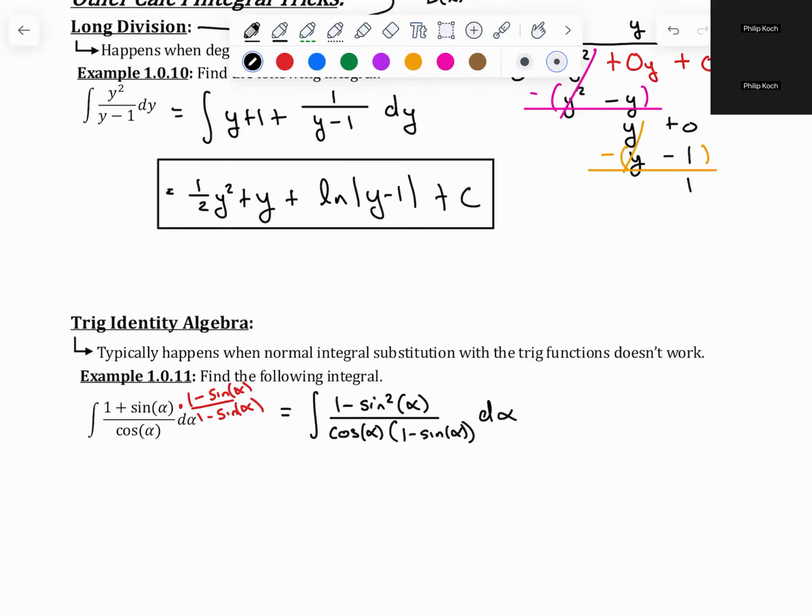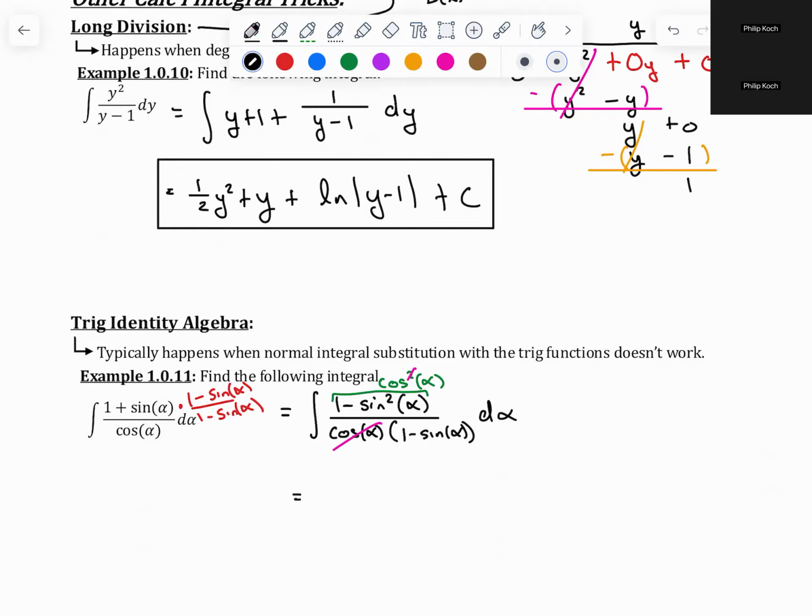And 1 minus sine squared alpha is cosine squared alpha. So one of the cosines cancels.